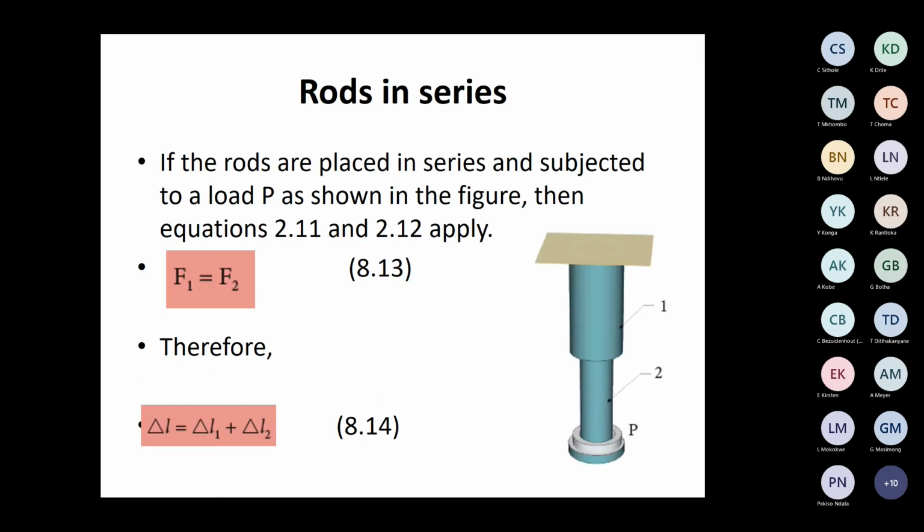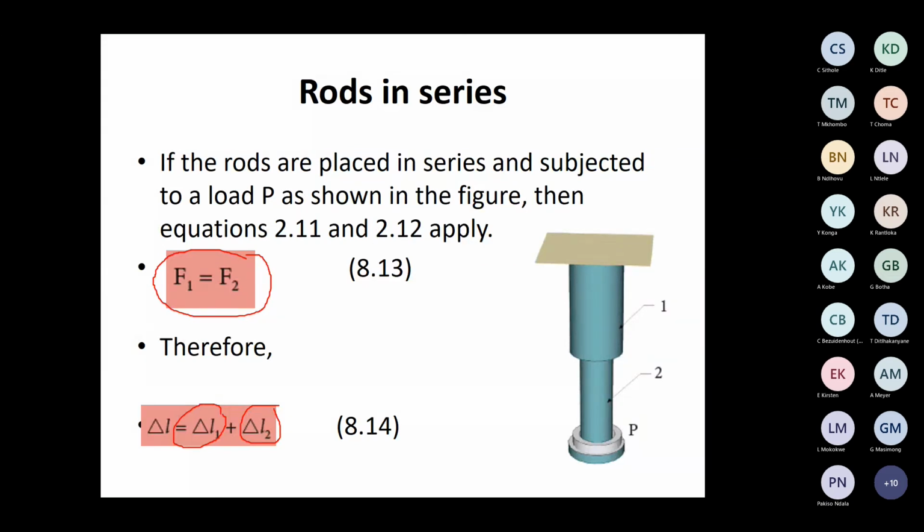All right. Now, what is important is what I already tried to explain to you. When you have your rods in series, it means my forces are equal and my total change is the change in number 1 plus the change in number 2. That is very important.